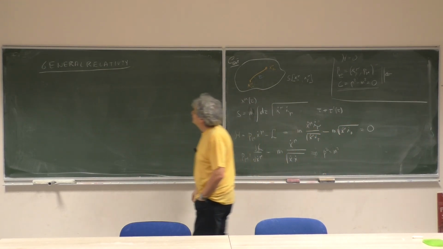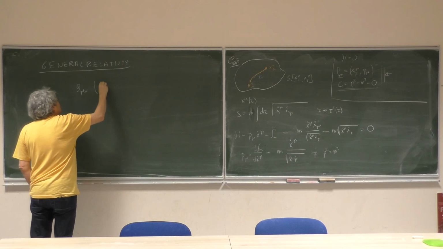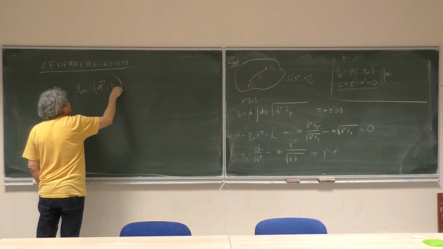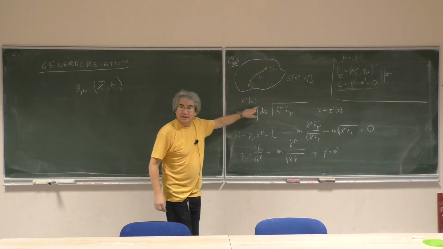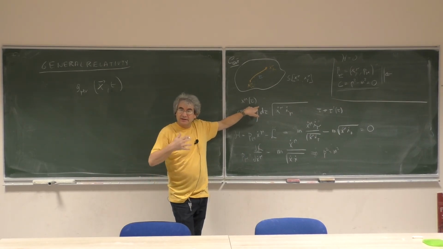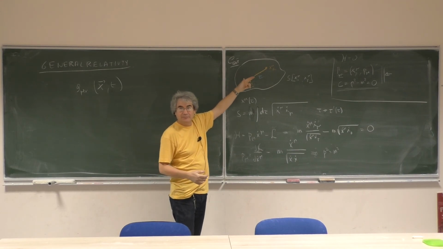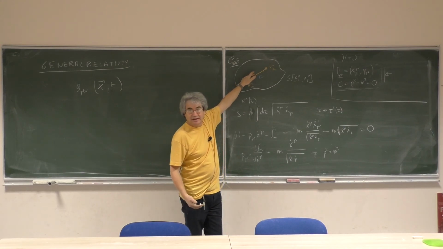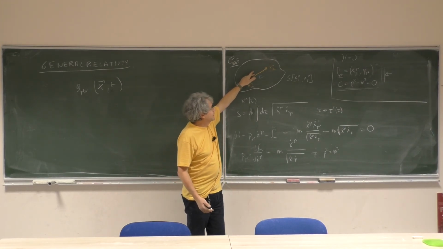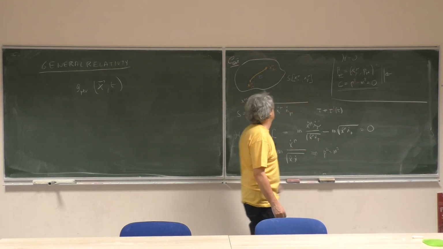In the next lecture, in general relativity, the variable is g mu nu of x and t, but this t here is this tau here. So the t here is an arbitrary parameterization along space-time, which is completely arbitrary, has no direct interpretation, and is not one of the variables of the theory at all.